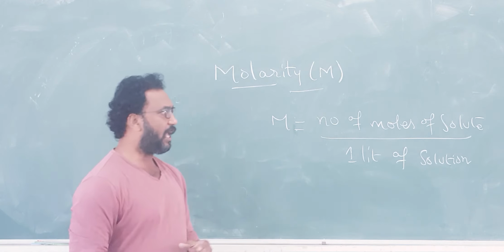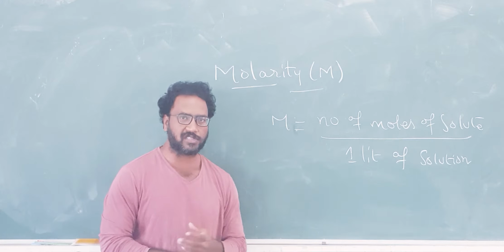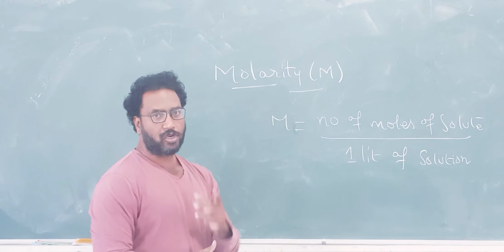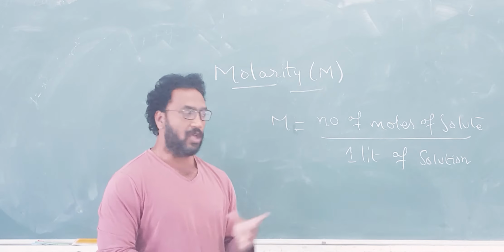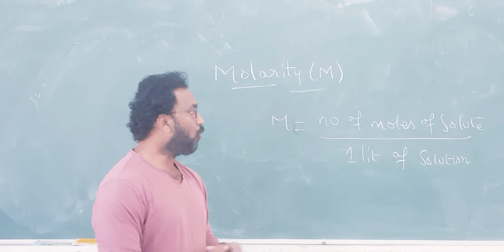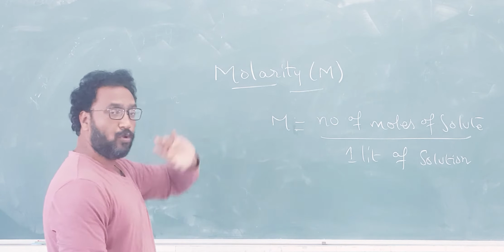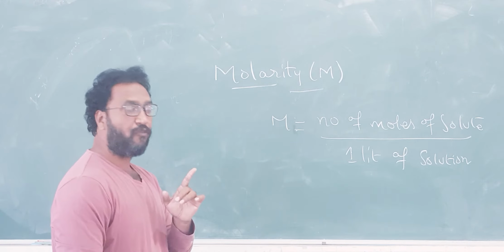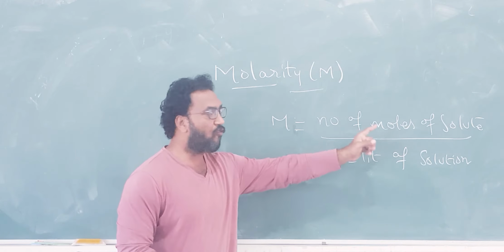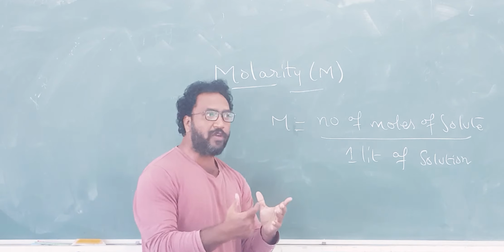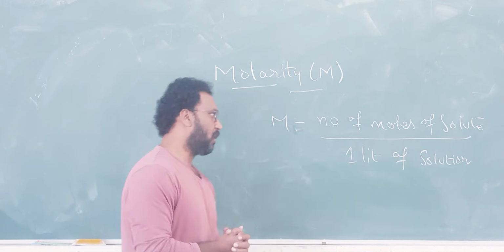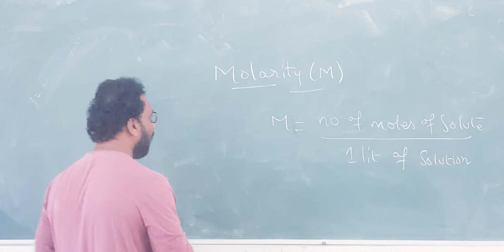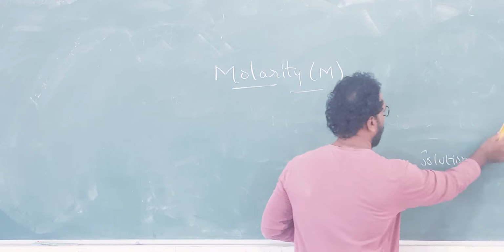Or you can simply say it is the ratio of the number of moles present in the solute to 1 liter of the solution. Now, when you want to calculate the molarity, the first basic step that we should focus on is the number of moles. So, how do we calculate the number of moles?